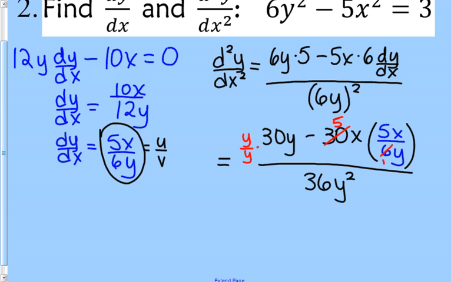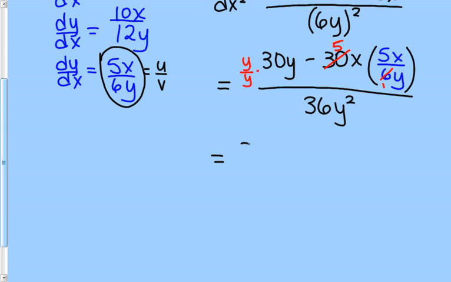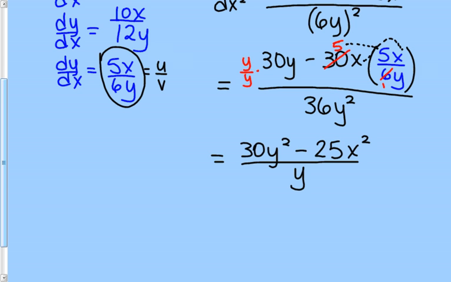Okay, so let me write what I have now on the next line. So I have 30y squared minus 5 times 5 is 25. x times x is x squared. And now they're both over y because now they have the same denominator. And this is just the numerator, right? And this is all over 36y squared.